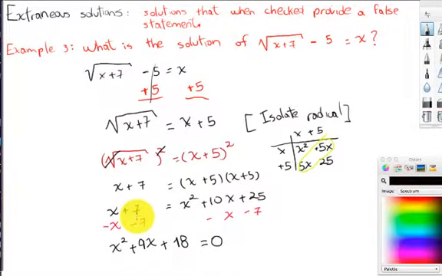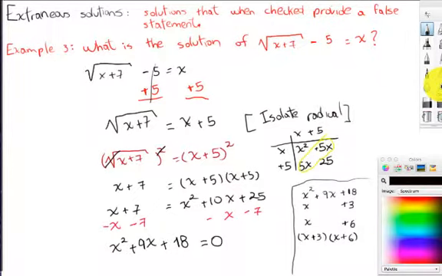Then the question is, how do I solve this? Pause it for a minute. I did a little bit of scratch work to show you and remind you. This is from the previous section when we factored. To solve this quadratic, we wanted to find the factors that make this trinomial. We broke x squared down into x and x. 18 we can break down into 3 and 6 to get the 9. 18 is positive, so it's the 9. Hopefully you guys remember this. If not, please let me know and I'll make a video.